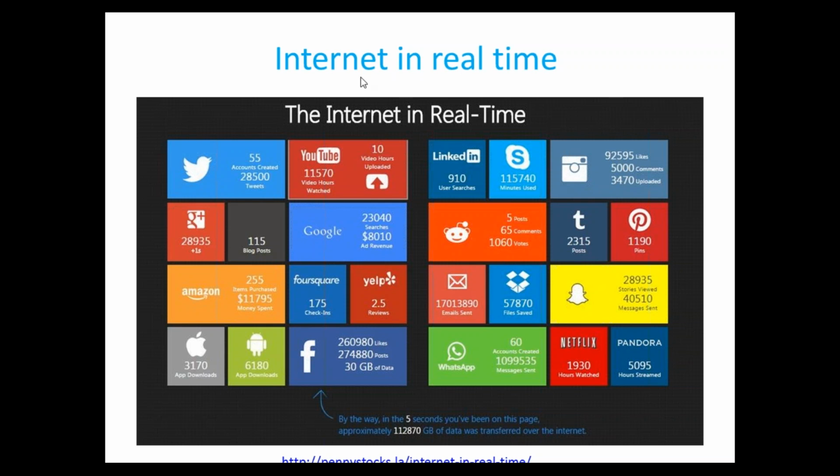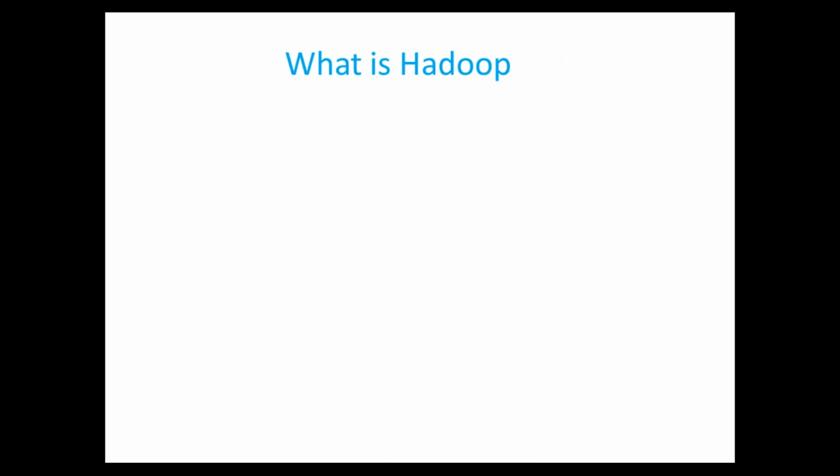So let's move to the next slide. The next is, what is Hadoop? First of all, Hadoop is an Apache product. Apache is the company which is developing this software Hadoop, and this is still under development. Every few months, every few weeks, Apache is releasing a newer version of Hadoop.